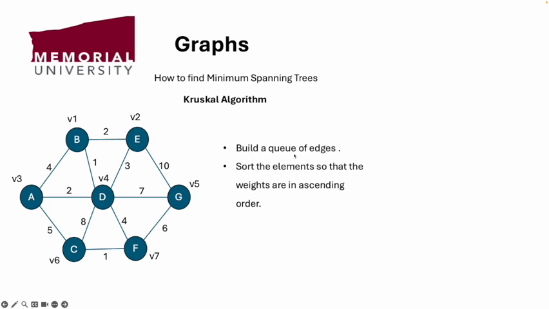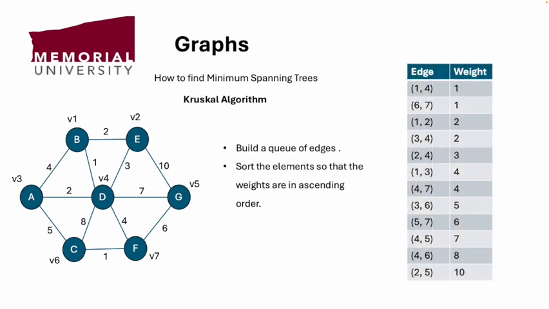First, we build a queue of the edges. Sort the elements so that the weights are in ascending order. It's non-decreasing order because there are some duplications. For example, the edge 1 to 4 has weight 1, and 6 and 7 also has weight 1. This is the smallest.